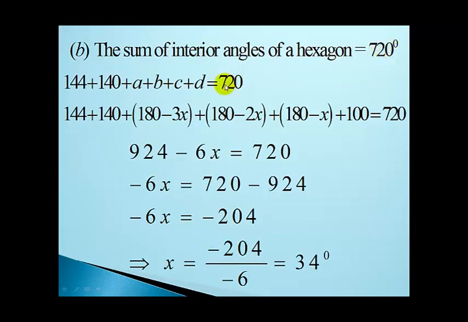Now, we add the sum of all the interior angles, and the interior angles of that closed plane figure is 144 plus 140 plus A plus B plus C plus D, which is equal to 720 degrees. Now A gave us 180 minus 3x.